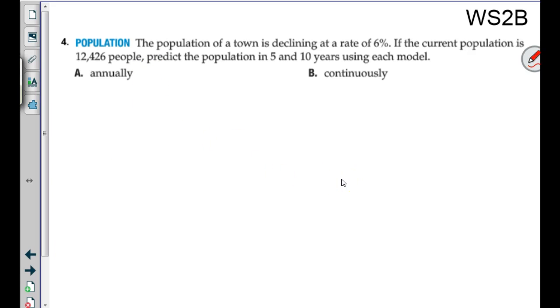The population of a town is, I want to do this one because it says declining at a rate of 6% if the current population is this. Predict the population in 5 years and 10 years using each model. Do you have this problem or not? Okay. So we have 4 problems to do, I think, don't we?